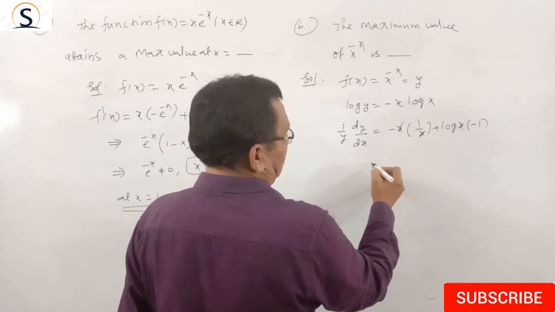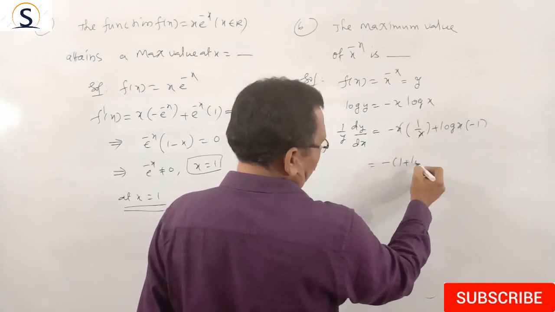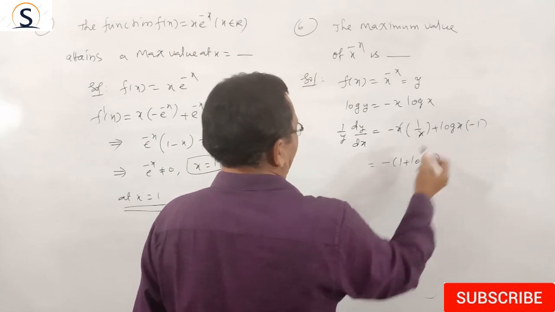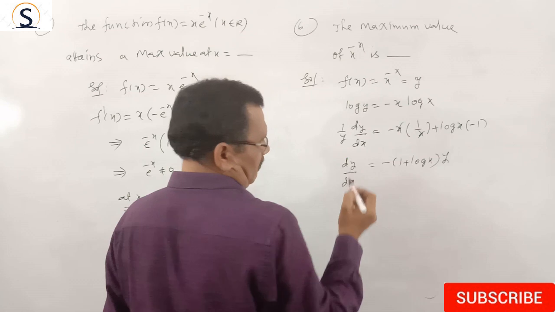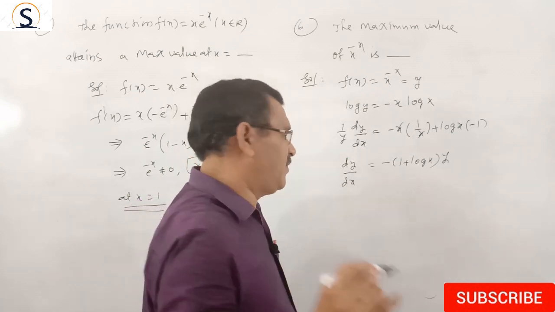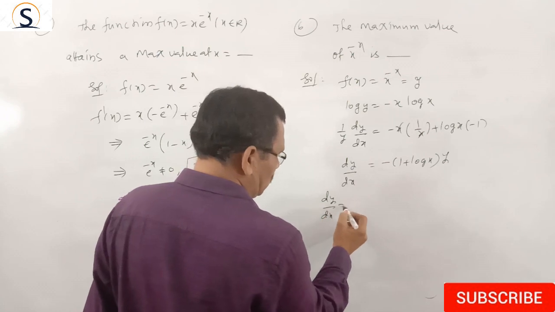Here x cancels. This is equal to minus 1 minus log x, that is minus of 1 plus log x. Y sending this side, this is dy by dx. But according to the procedure, f dash of x is equal to 0. That means dy by dx is equal to 0.